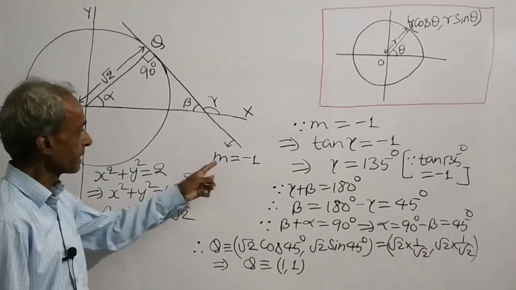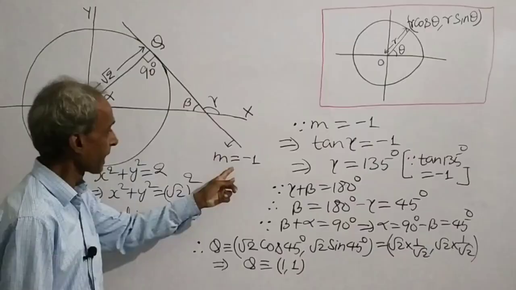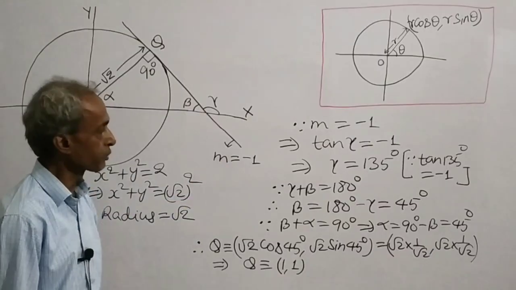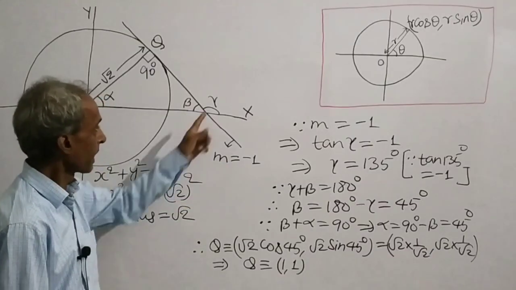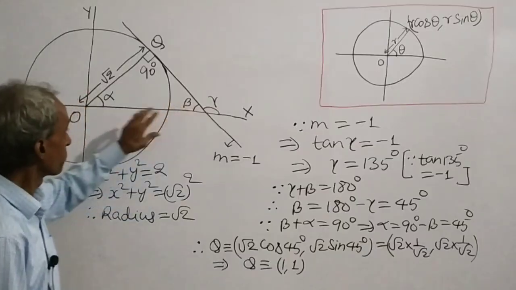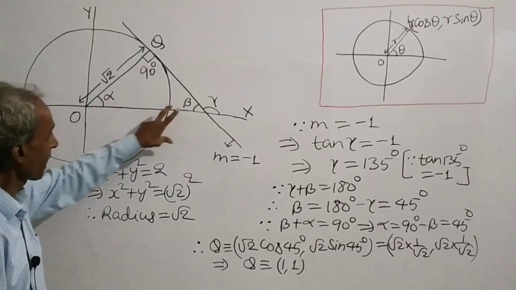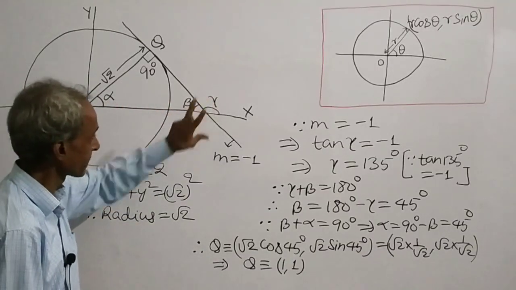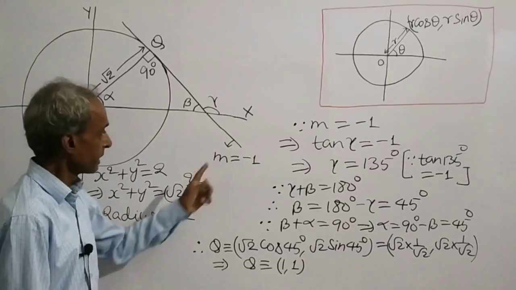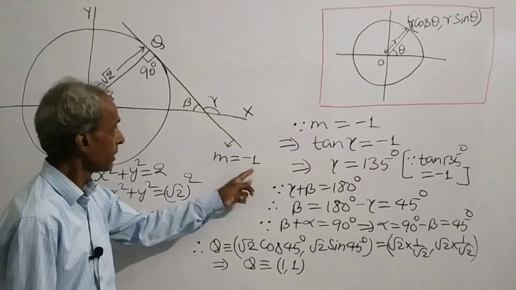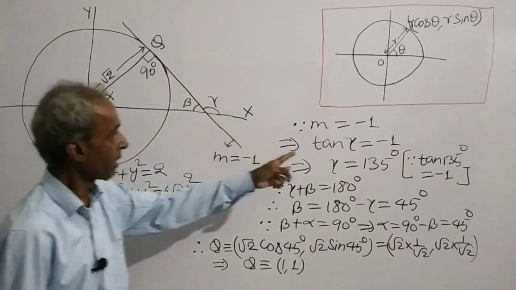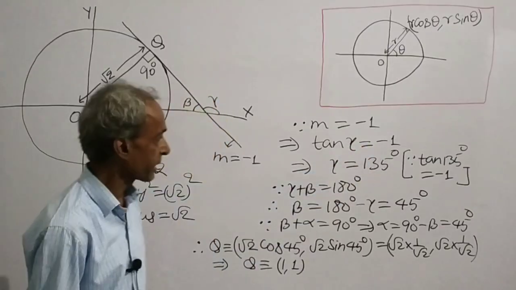It is given in this question that slope of tangent is -1. That means, if we suppose this angle alpha, this angle beta, this angle gamma, and slope is -1, that means tan gamma will be equal to -1.